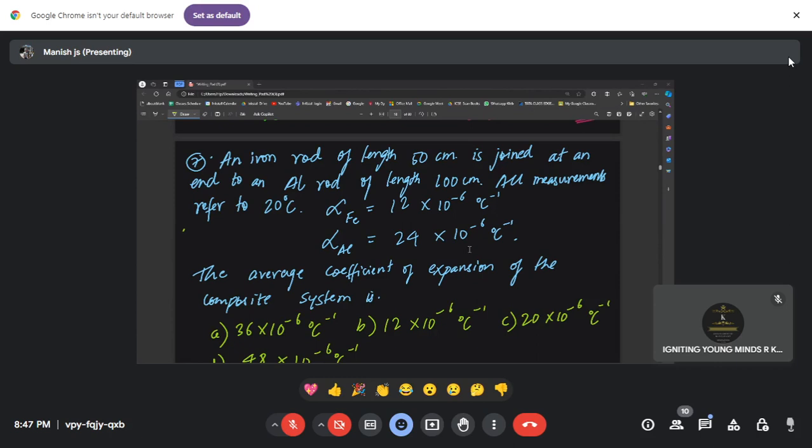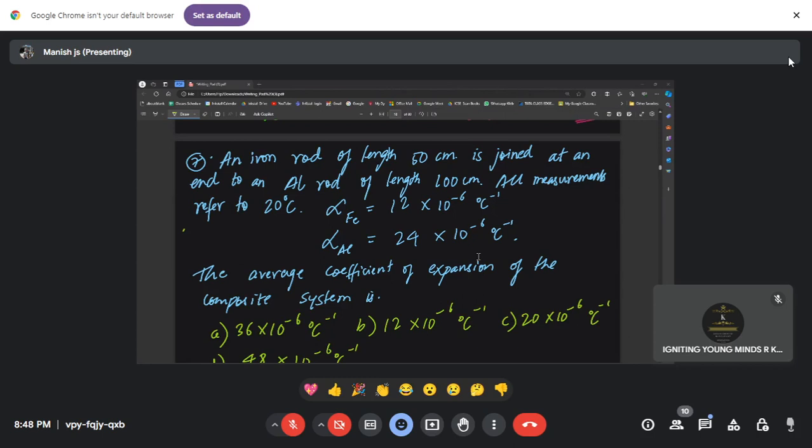So how can we approach this? The total length you should find out. When you directly add them end to end, you will get the total length, no doubt about it, right?